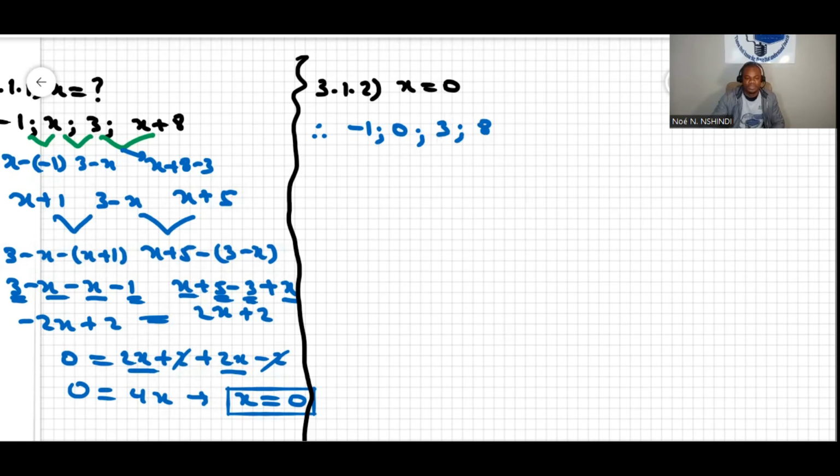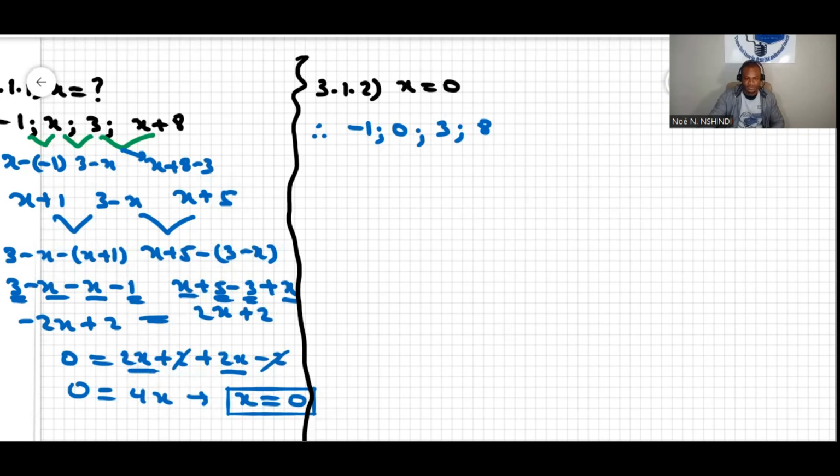We need to determine the position of the first term in the quadratic number pattern for which the sum of the first n terms of the first differences will be greater than 250.